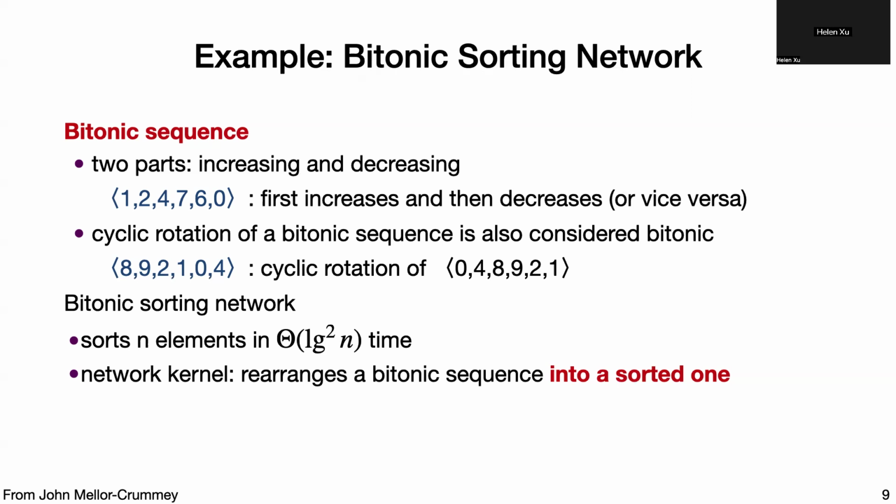At a high level, this Bitonic sorting network sorts n elements in log squared n time. The way it works is that you get an unsorted sequence and arrange it into a Bitonic sequence. Then, using the properties of the Bitonic sequence, we arrange that Bitonic sequence into a sorted one. We're going to see how that works. But you can see that this is not work efficient.